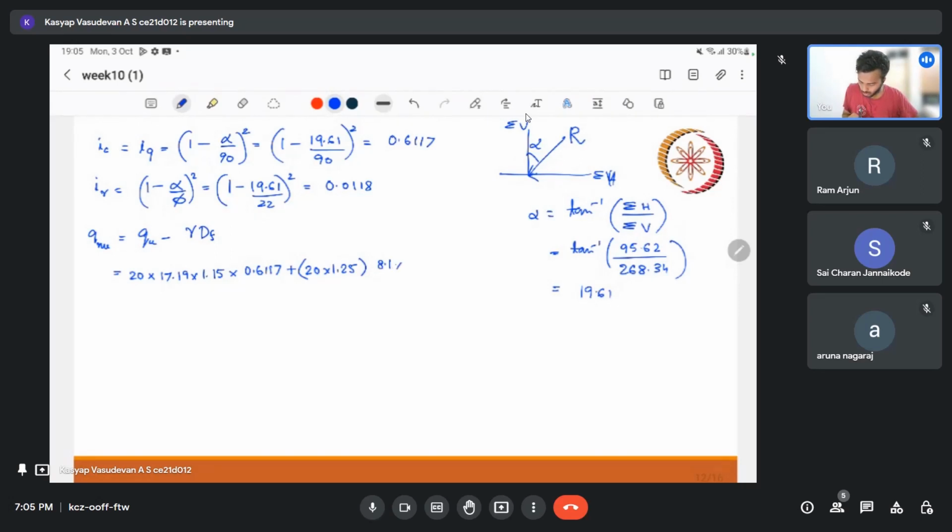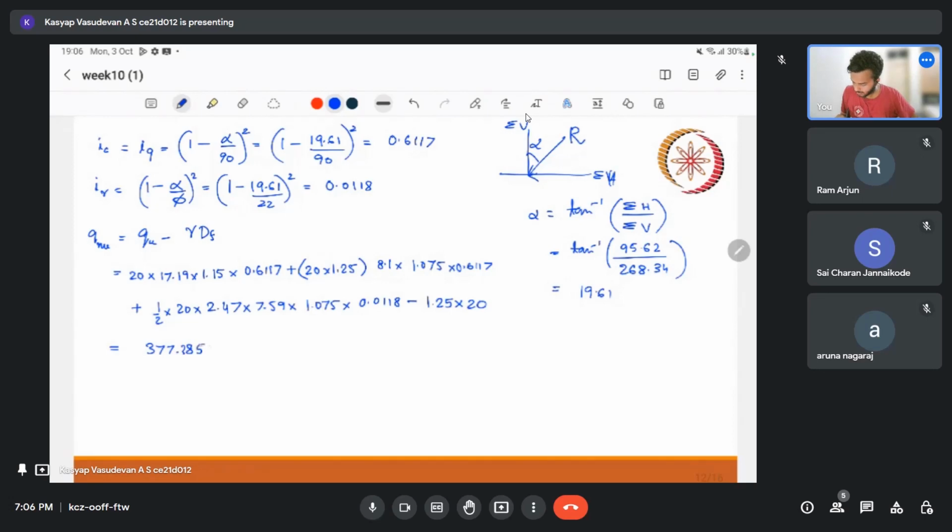Nq is 8.1 into 1.075 dq, sorry, dq iq, that is 0.611. The third term is half gamma B dash. N gamma is 7.59, d gamma is 1.075, and our i gamma is 0.018. And minus our gamma Df. So Df into gamma.